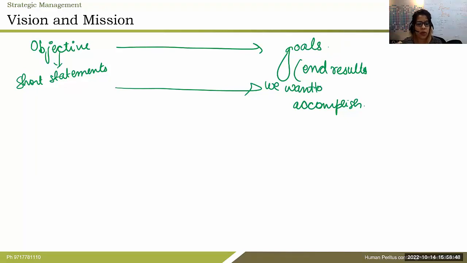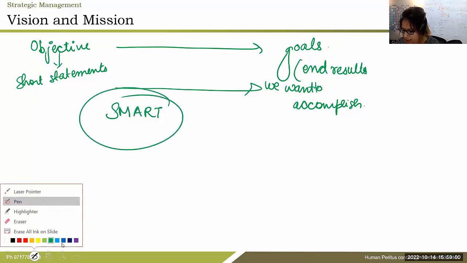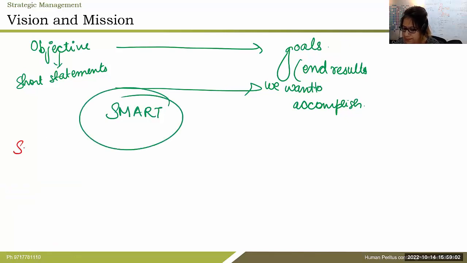When we talk about these objectives and goals, it is very important that they should be SMART. What do we mean by SMART? SMART means that they should be specific. I should know what my goal is, what the proper objective is. It should not be haywire, it should not be vague, it should be specific.